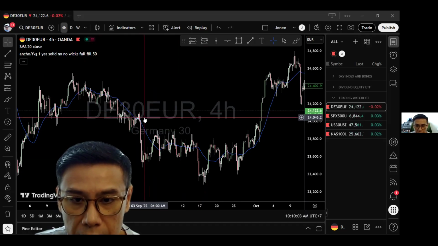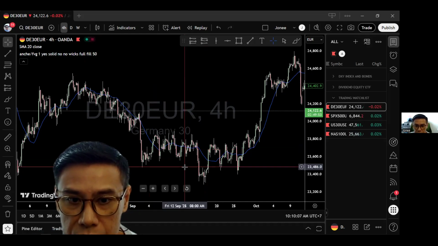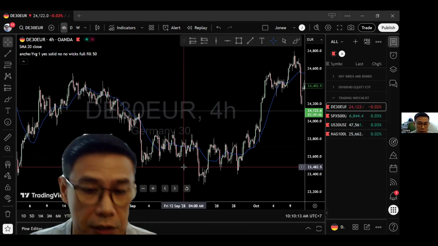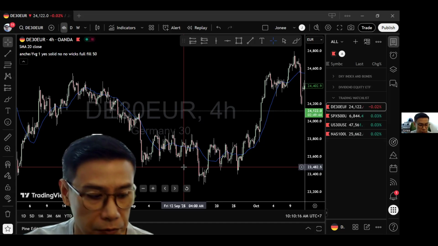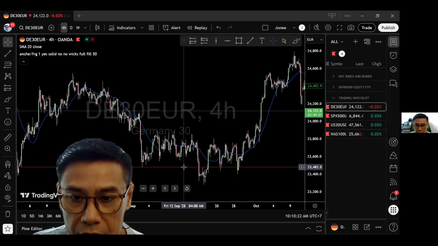Second, you need to be able to see price sweeping a previous swing low. If you're taking a short, then it should sweep a previous swing high. Like I said, my bias is always long, so I prefer looking at price making a sweep of the swing lows.